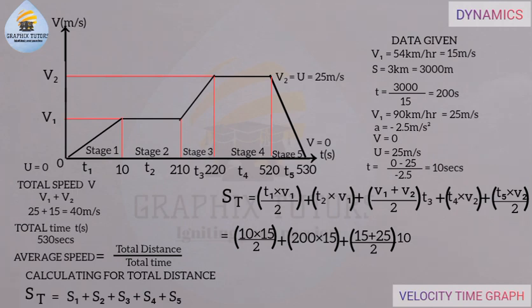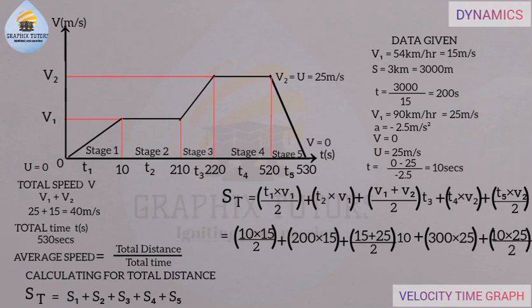So we have 10 here, plus 300 times 25. That is T4, the difference between 520 and 220, gives us 300, times V2, and V2 is 25. And we have plus 10, the difference between 530 and 520, that is T5, multiplied by V2, which is 25, divided by 2.